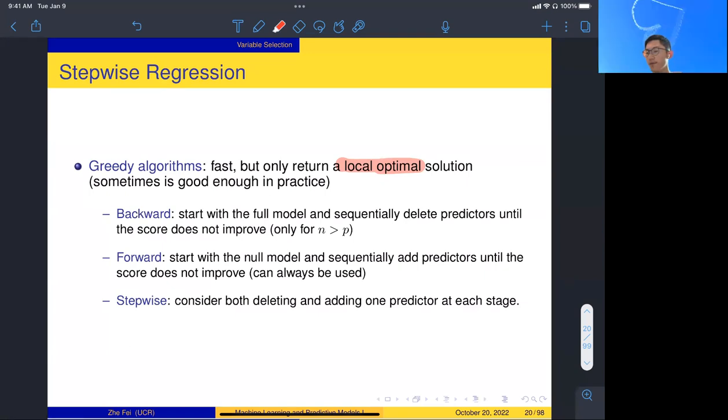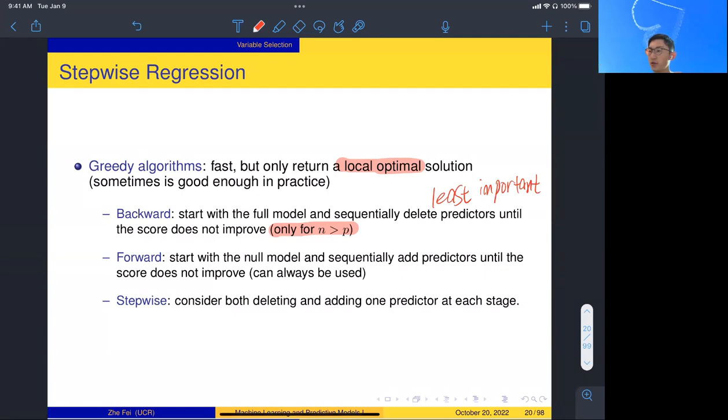For backwards, one thing to point out is that backward selection starts with the full model, and at each step it wants to delete predictors that are least important. So essentially the criteria is that we delete predictors that are least important at each step.